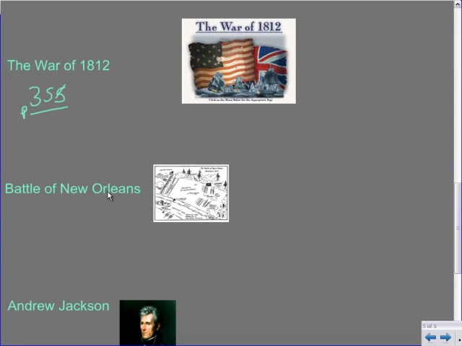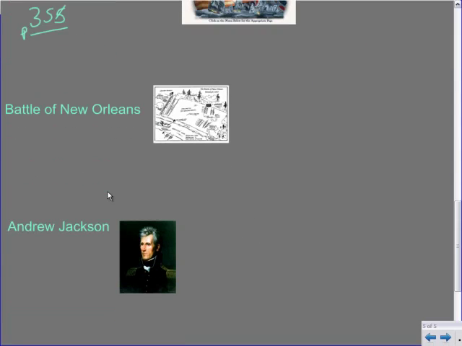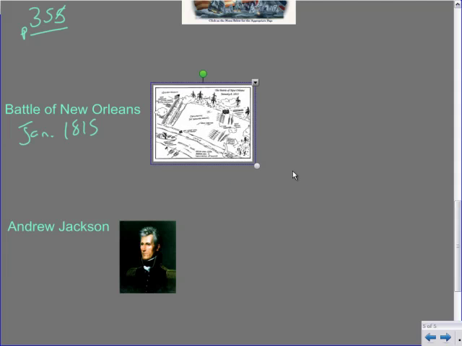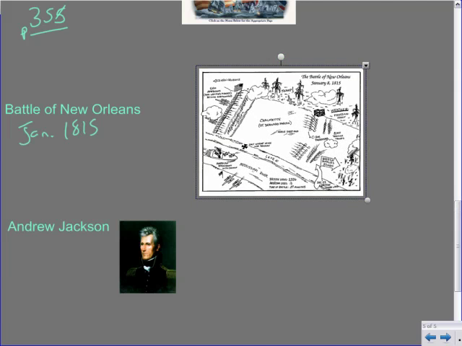In the South, the Battle of New Orleans happens, and this is in January of 1815. And this is kind of what you need to know about the Battle of New Orleans. It is a great victory for the Americans because the British suffer over 2,000 casualties. The Americans suffer about 71.